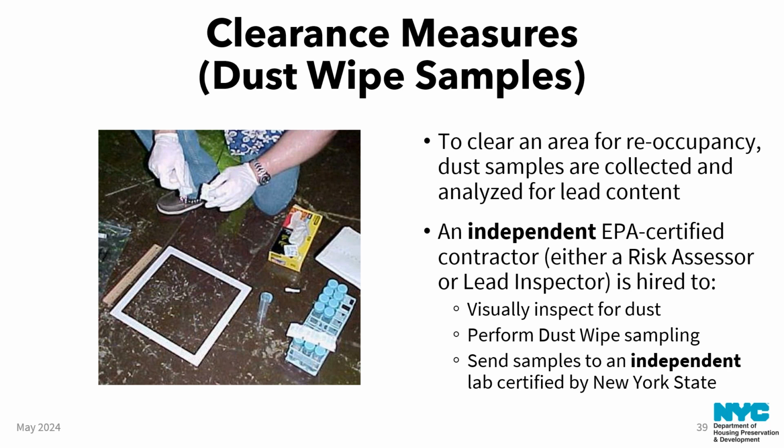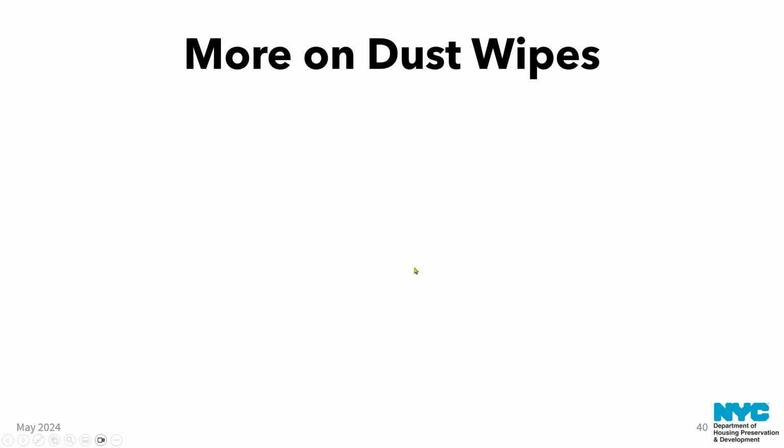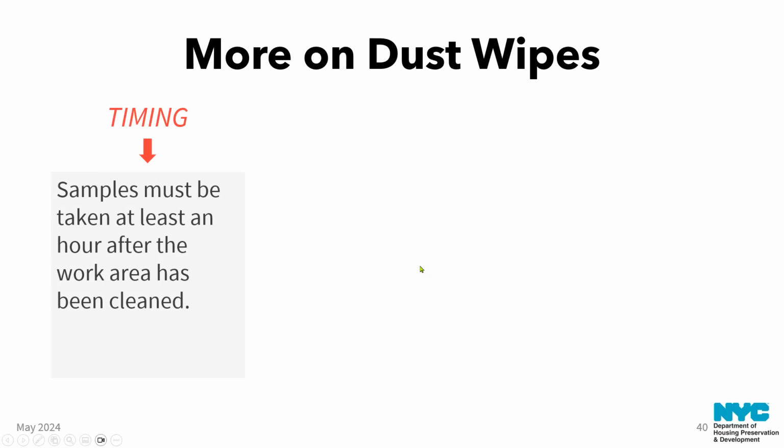But even if a floor is spotless, it's been mopped, it's been buffed, it looks like brand new, if the work was done in a reckless fashion, it is still possible that there is extremely damaging amounts of lead-based paint dust on that surface, microscopic dust. So that's why we have to do dust wipe sampling, because visual inspection just doesn't give us a sense of the dangers.